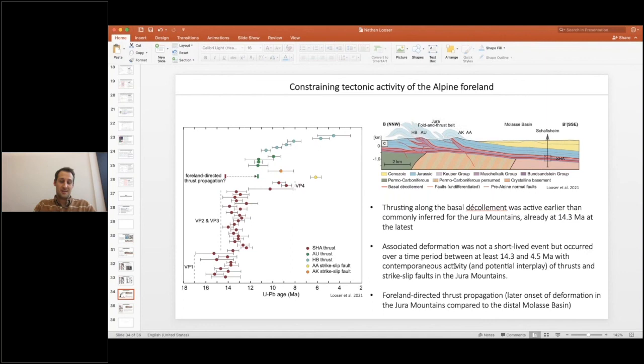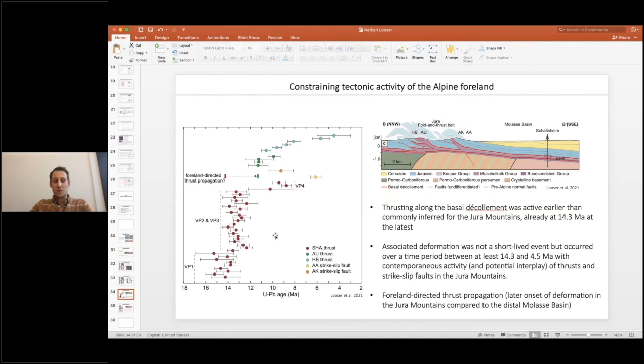We see that the tectonic activity of the basal décollement was not short-lived, but occurred over a time period of 10 million years, between 14.3 and 4.5 million years. And we see during that time that there was contemporaneous activity and maybe also interplay of thrust and strike slip faults in the Jura Mountains.